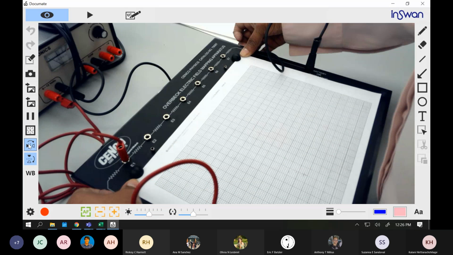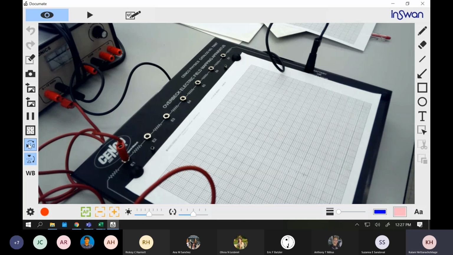You can take it out and push it again. Do it on both sides at the same time. Good.